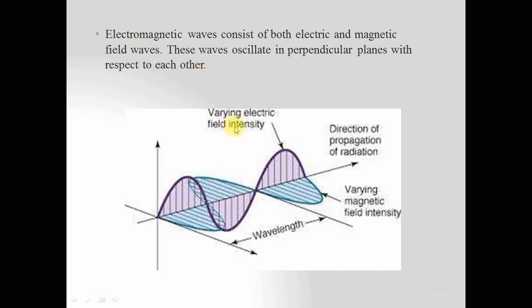So dear students, note that in this figure there is varying electric field intensity and varying magnetic field intensity, and these are the wavelength and direction of propagation of radiation. So you see here this line intersects the varying electric field intensity at a 90-degree angle. So this is the orthogonal trajectory.